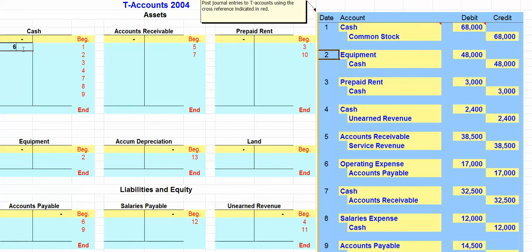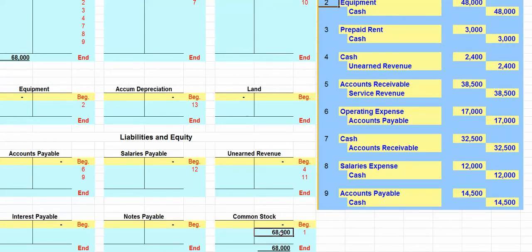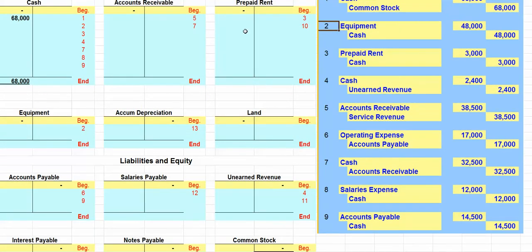It was a $68,000 increase to cash, which is a debit, and a credit to common stock in the amount of $68,000. The second transaction involved an increase to the equipment account of $48,000 and a decrease to cash for $48,000.